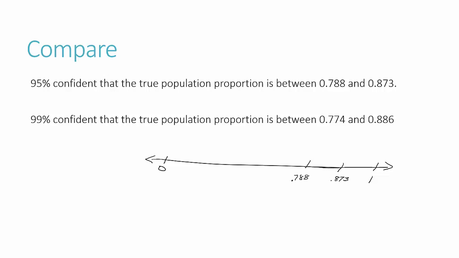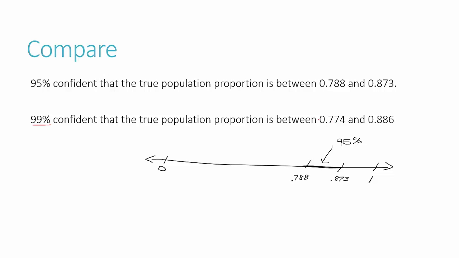We are 95% confident that this range includes the true population proportion. So this is where we were 95% confident that if we surveyed everybody, that true population proportion would fall in that range. Now I'm going to change my pen color, and we'll look at the 99% confidence.